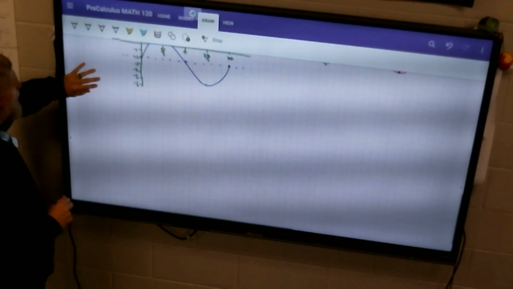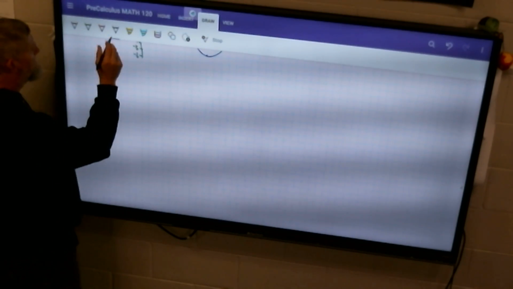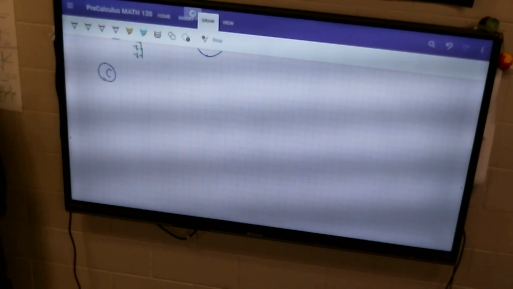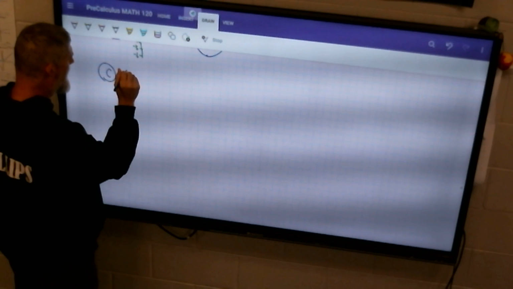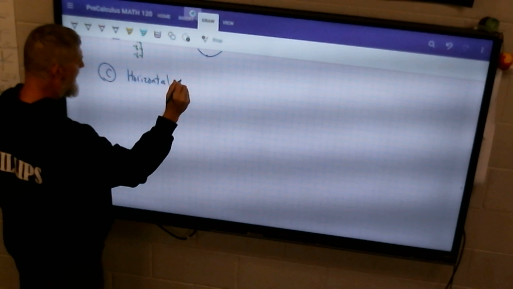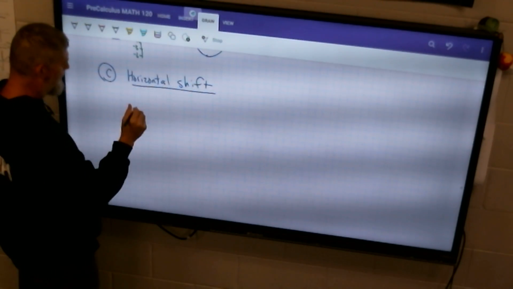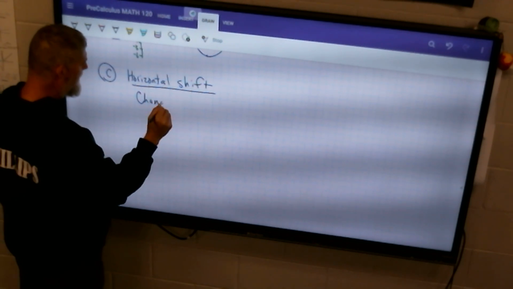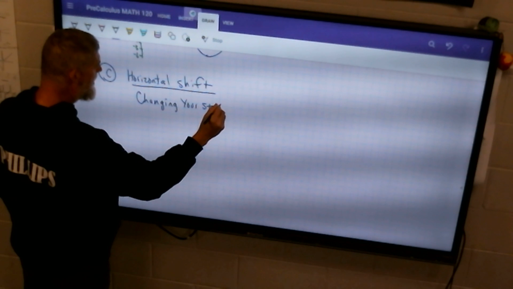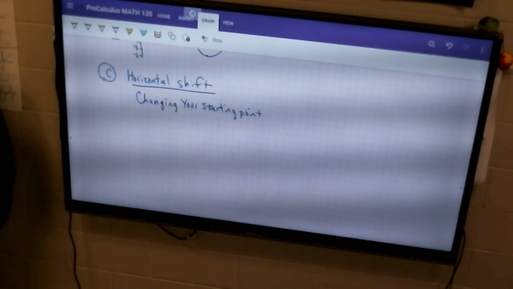That's actually the C. So we're going to do letter C. We did A, D, now we're doing C. So this is what we call the horizontal shift. If you want to say it in non-math terms, this is changing your starting point. We're simply changing where I start.